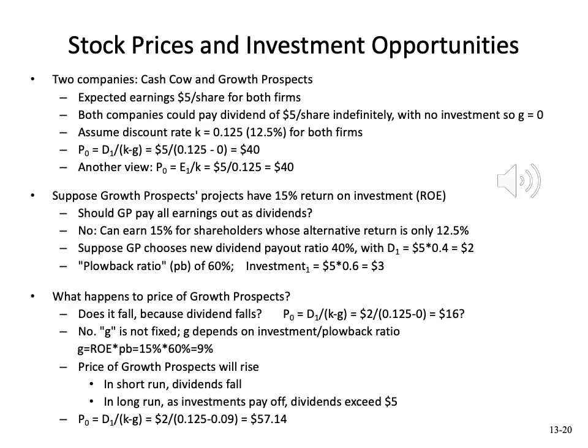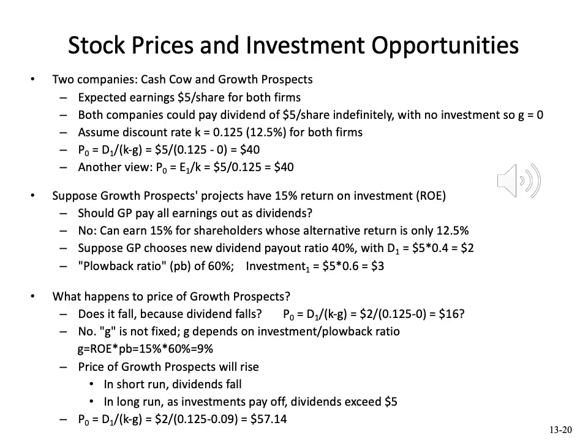Means the shareholders will be happy to take on this new return because 15% is higher than the return they required, 12.5%. So the growth prospect company will choose a new dividend payout policy.